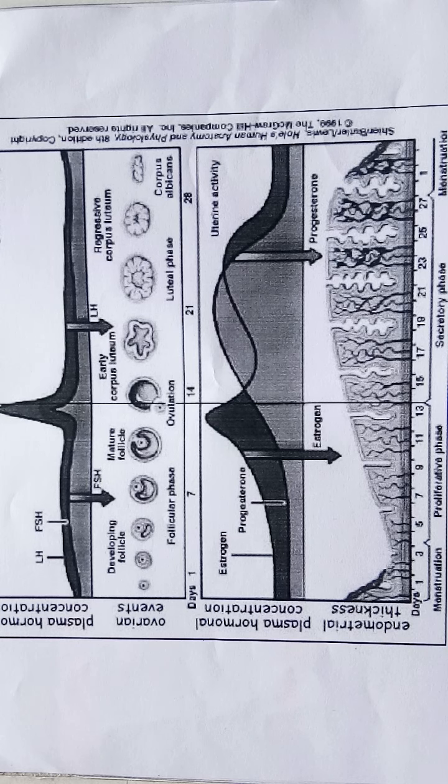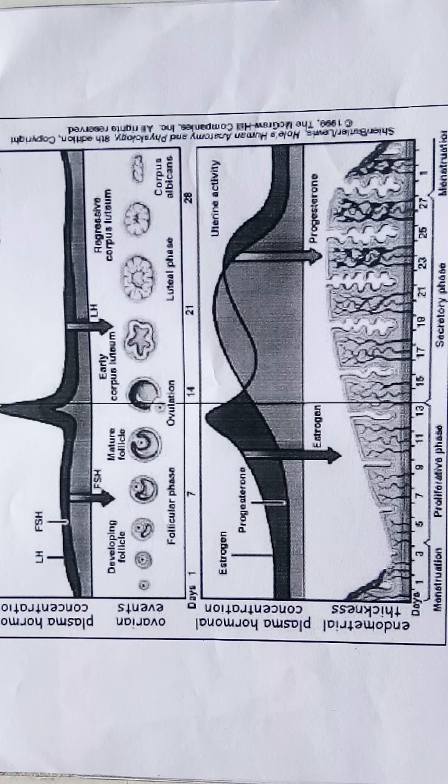The cycles are repeated with a periodicity of about 28 days. Ovulation occurs in the middle of each cycle. The ovum in every cycle comes alternately from one of the two ovaries.